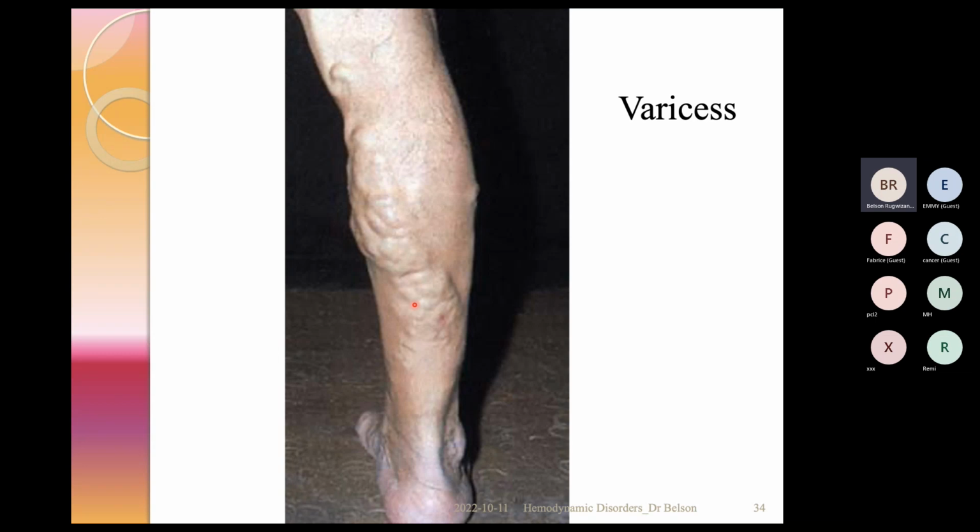Therefore icyo gihe nubwo valves zaba zishoboye akazi kazo, ariko bwa buremere bwa grosses buzatuma zisa n'izineshwa amaraso ajya asubira hasi. So muzabibona kwa muganga umudamu agiye kubyara afite varices ku maguru, around the anus, around the genitals.